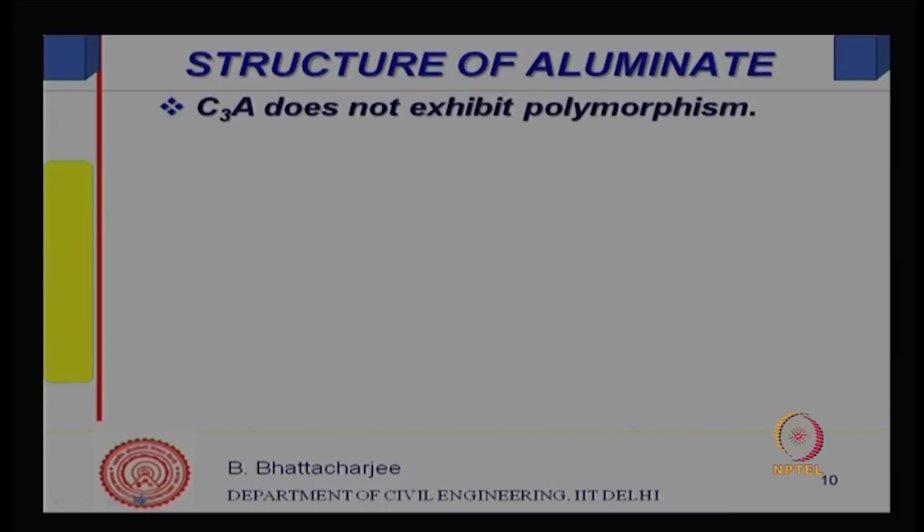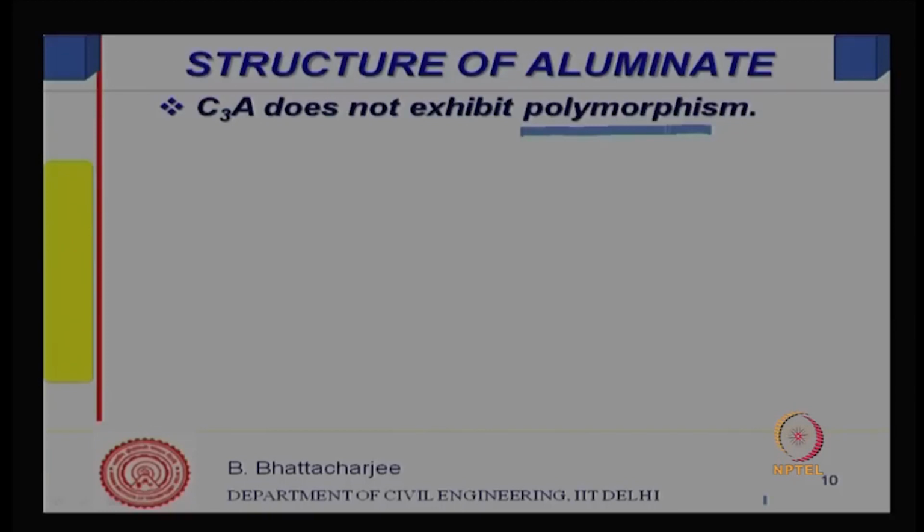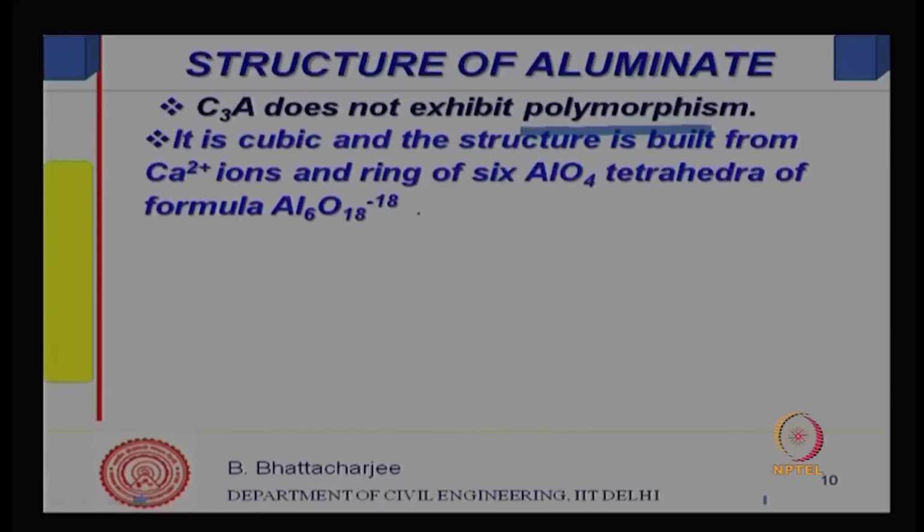If we look at the structure of aluminate, it has one difference: it does not exhibit polymorphism. It has a cubic structure of Al6O18 with 18 negative valency. The cubic structure is built from calcium ions and rings of 6 AlO4 tetrahedra of this formula.